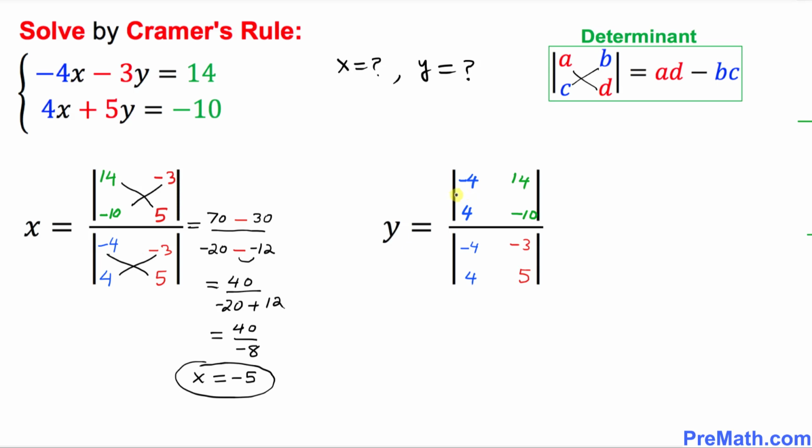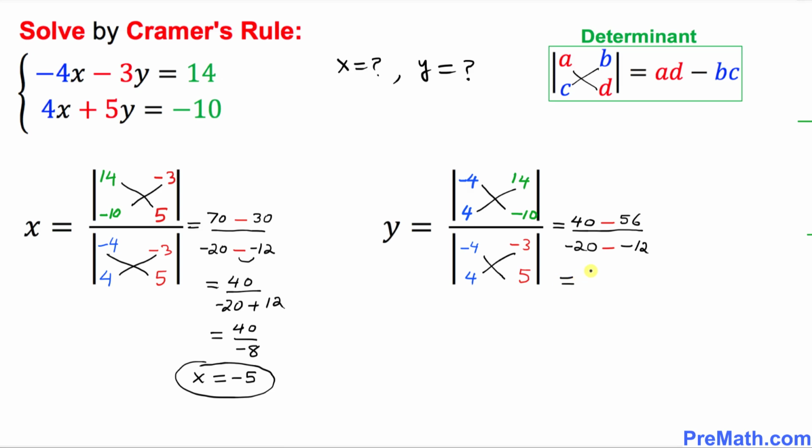Let's shift our focus to the y determinant. On the top, let's cross multiply. -4 times -10 is positive 40, and then you put a minus sign before you do anything else, and then cross multiply the other way, which gives 56. Divided by, we multiply -4 times 5, which is -20, minus sign, and the other way around, which is -12.